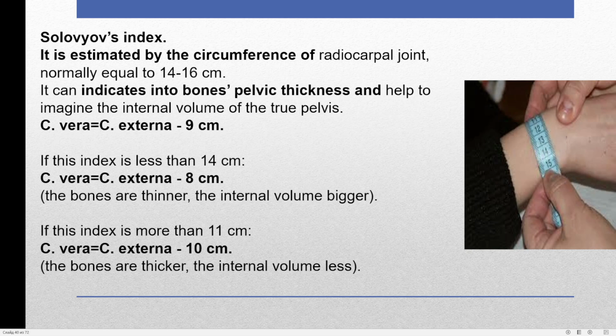It can indicate the thickness of the pelvic bones and help to imagine the internal volume of the true pelvis. If the Solovyov index is normal, to calculate the length of the true conjugate we subtract 9 centimeters from the conjugata externa.